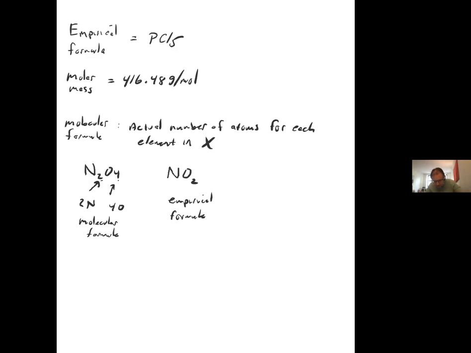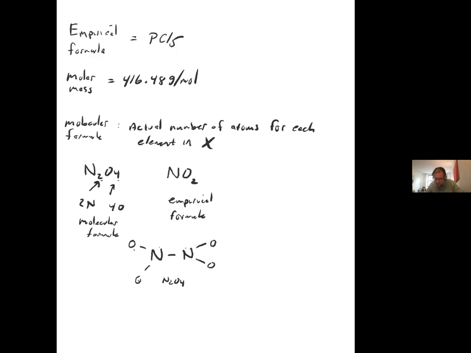So the empirical formula is, in a sense, the reduced value, the smallest whole number ratio. So the actual structure of N2O4 looks like this. There's 2 nitrogens, and each nitrogen has 2 oxygens coming off of it. That's the actual structure of N2O4. So the molecular formula shows how many nitrogen atoms are in there, there's 2, and how many oxygen atoms are in there, there's 4. That's the molecular formula, N2O4.